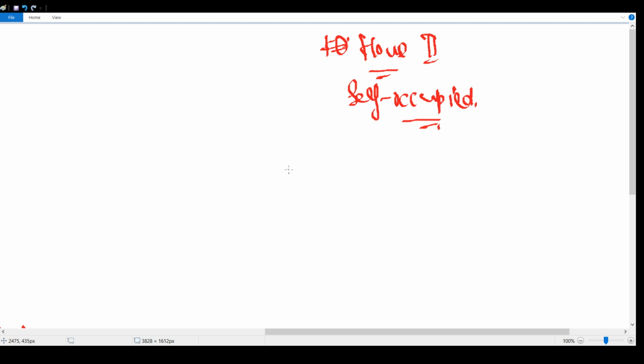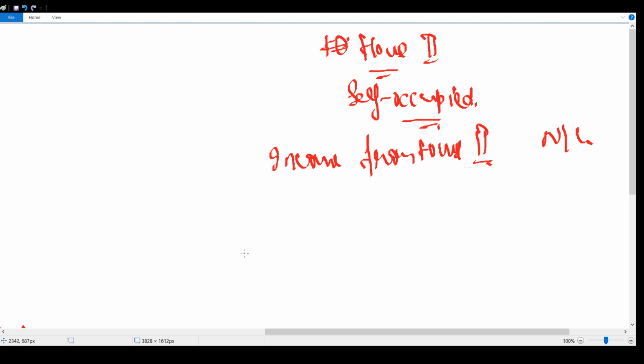Now, as you know, there is no interest, so it would be nil. No loan taken in connection with house property 2, so it would be nil.